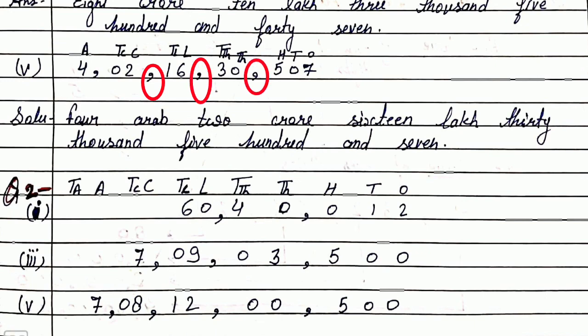When the 1000 family is finishing, we put another comma. So when the lakh period is finished, we will write lakh 1 time. When the 1000 period finishes, we will write 1000 1 time. When the crore period finishes, we will write crore 1 time. So like this we will read the number name: 4 Arab, 2 crore, 16 lakh, 30,507. I hope you understand this.